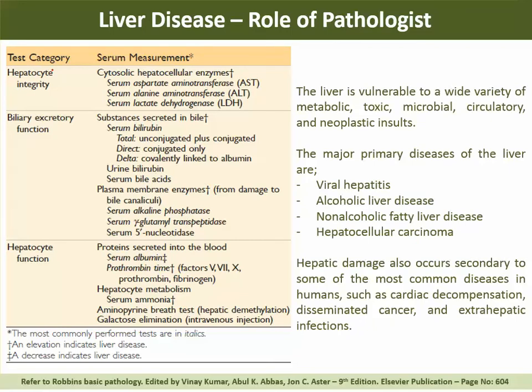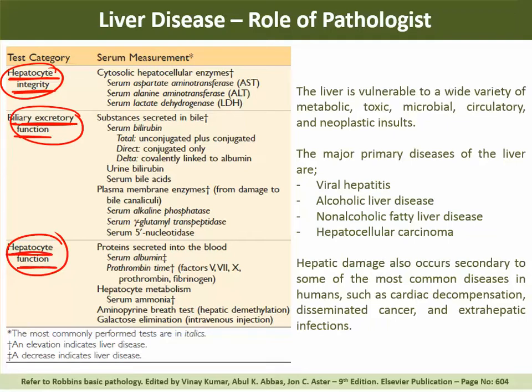Now coming to the laboratory investigations which you do in liver diseases. There are 3 types of functions we see through laboratory investigations: one is hepatocyte damage, the integrity of the hepatocyte, then biliary function, then hepatocyte function.